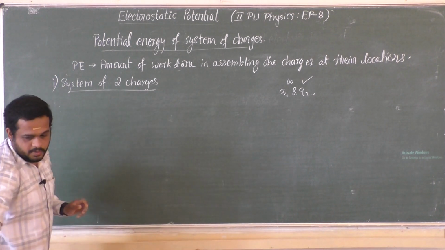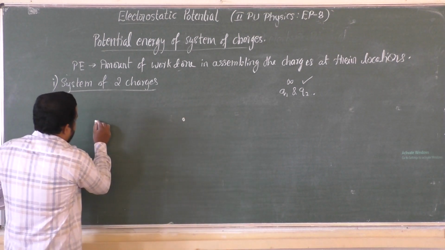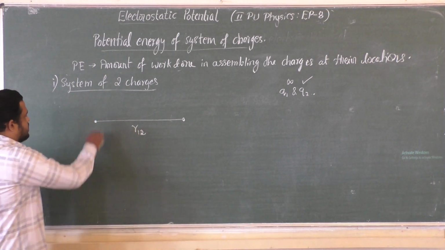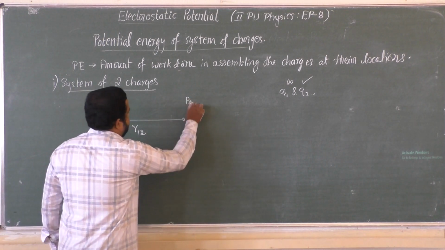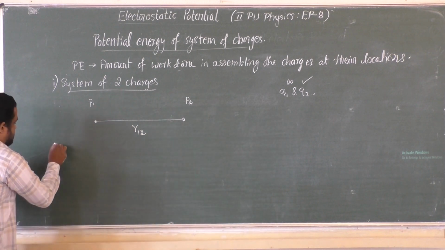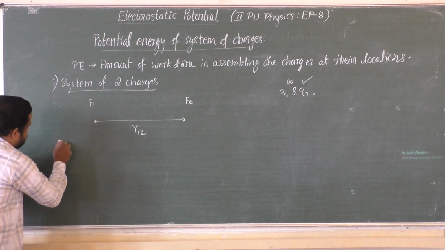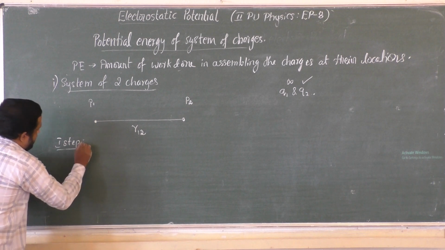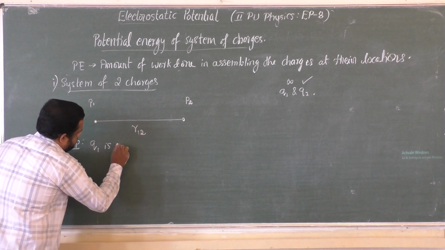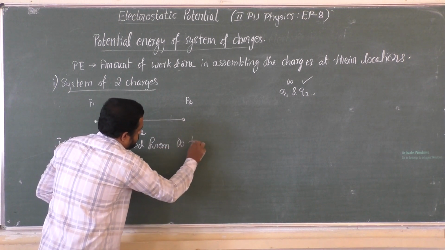Now, just consider two points. I want to get two charges here, one is here, another one is here. Let the separation between these two points, P1 and P2, be R12. Now, first step: to form the system of two charges, Q1 is moved from infinity to point P1.